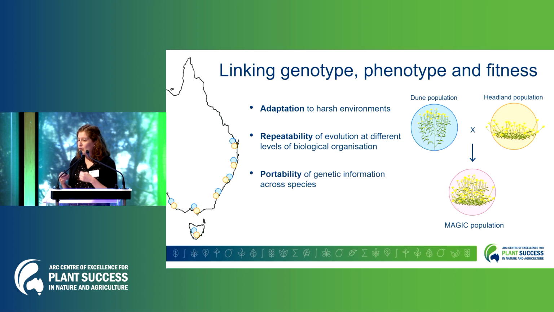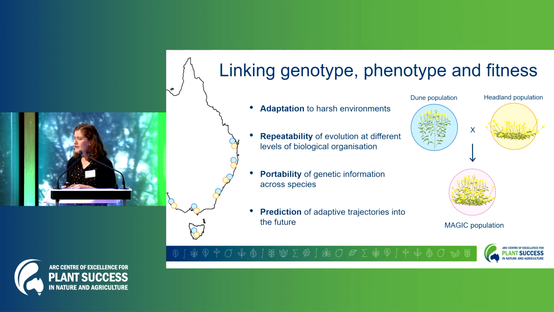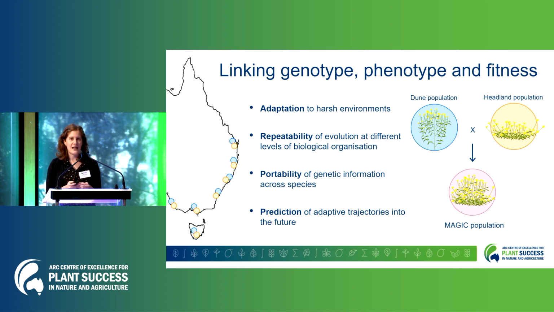We can also ask whether the genetic information from Nesio can be transferred to other species. And finally, the work we are doing in the lab with the natural replicate populations and the magic population will help us create models so we can predict adaptive trajectories into the future. And this is really crucial to understand how organisms will adapt in the face of climate change.